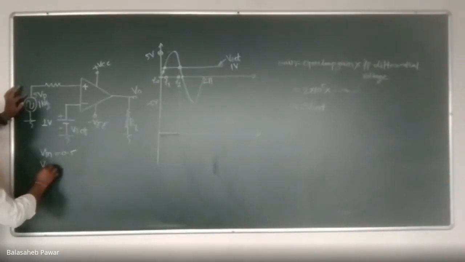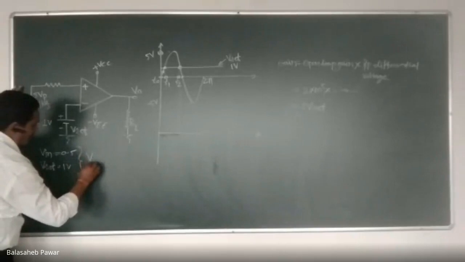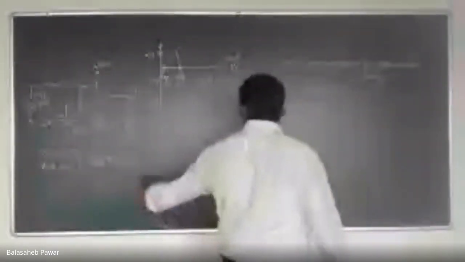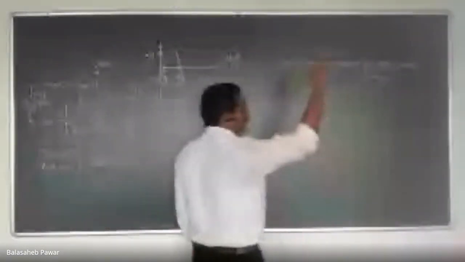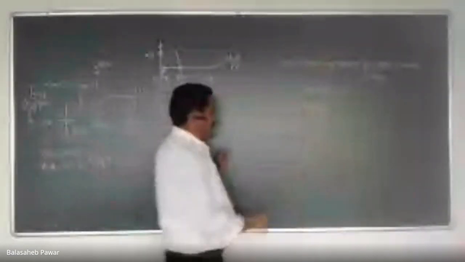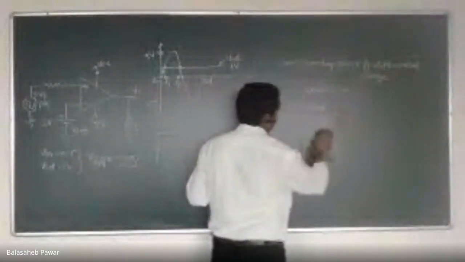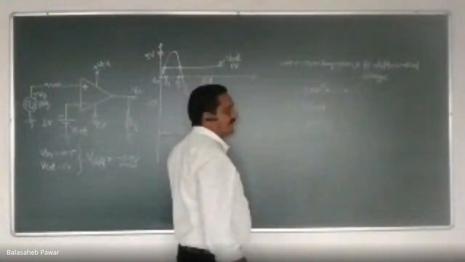My V reference is 1 volt. So how much will the differential voltage be? V differential will be minus 0.5 volt. Do you agree? And if you calculate by taking the magnitude of the differential voltage, you will observe 0.5 into 2 into 10 raised to 5. This much will be the output voltage. That means it will be equal to 1 into 10 raised to 5 volts. Agree?